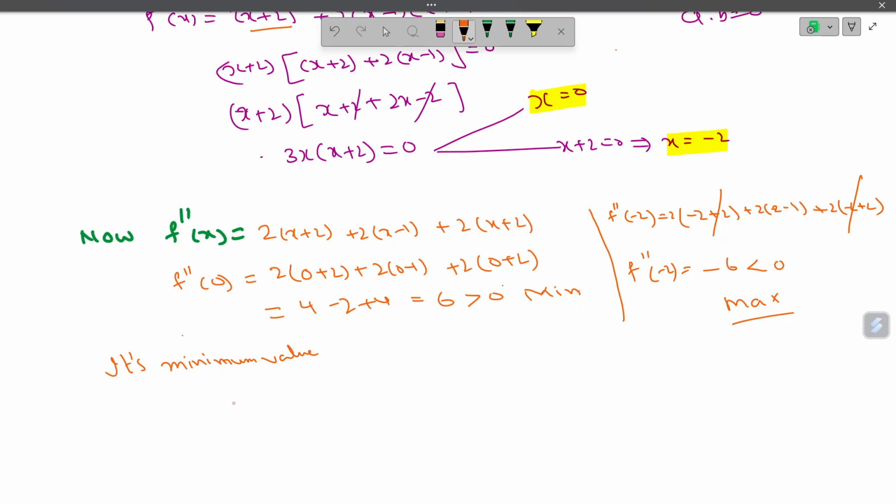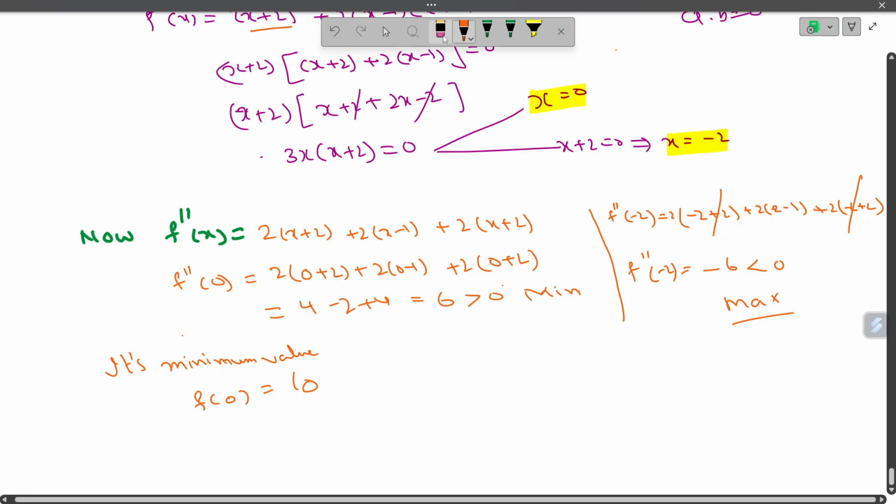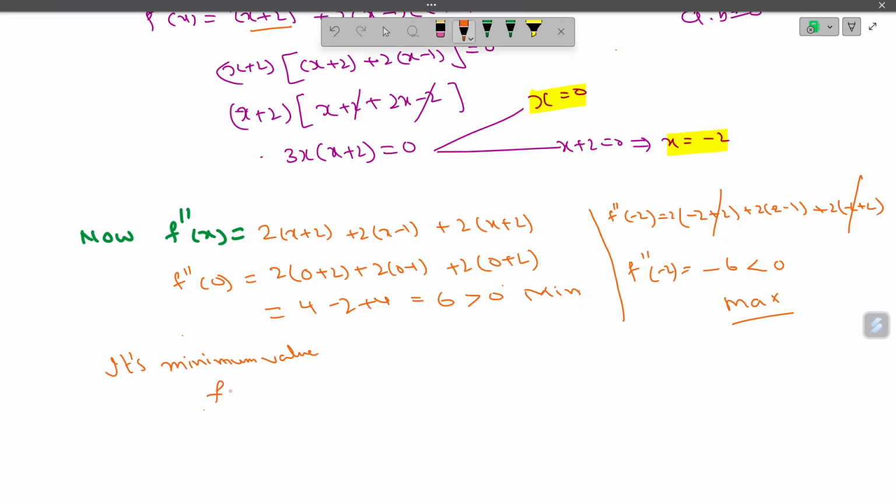Putting in the given equation, f of 0, where it is minimum at 0. So f of 0 equal to 0 minus 1, 0 plus 2 whole square. So minus 1, 2 square is 4, minus 4. Minimum value is minus 4.